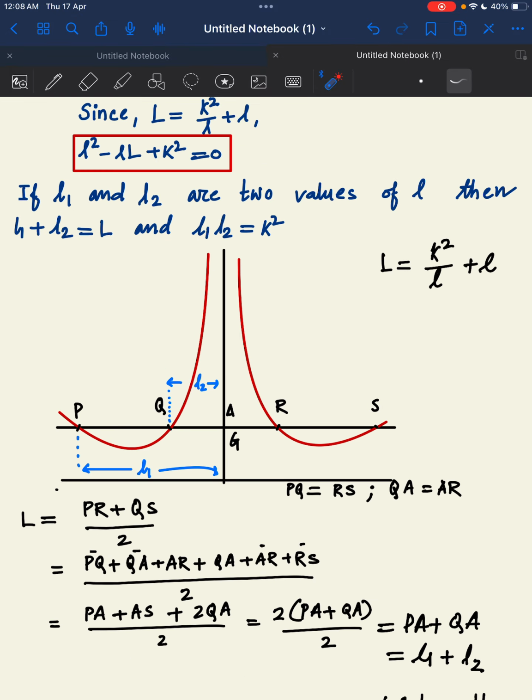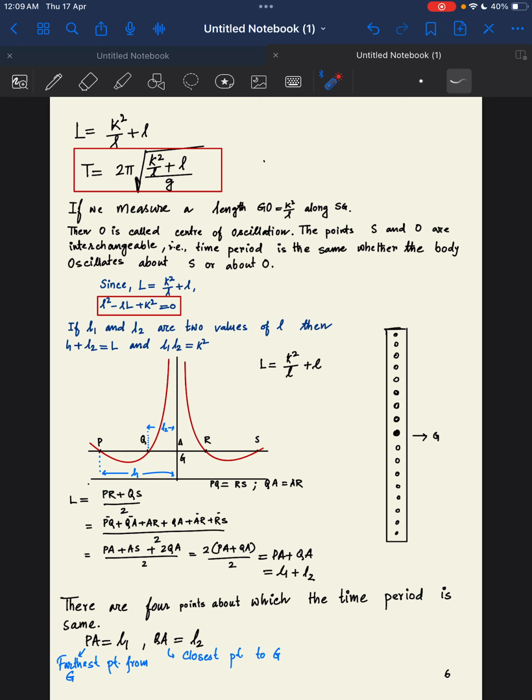Now as you know, we have plotted the graph. So we have a bar-like pendulum. We put the oscillation point here and we got a time period far away from the center, that is this point. Then as you go from the point of suspension, farther and closer to G, you will achieve this point, and so on.